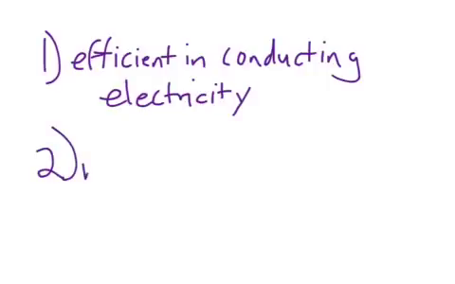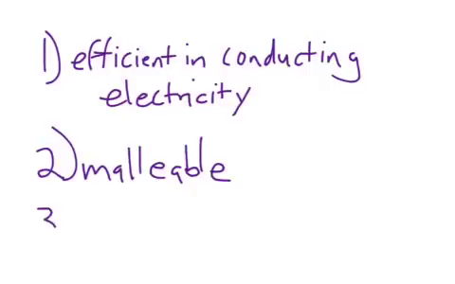The second one is that they are malleable. If you don't know this term, all that means is that you can hammer it into shapes. The third property of metals that we see often is that they are shiny.